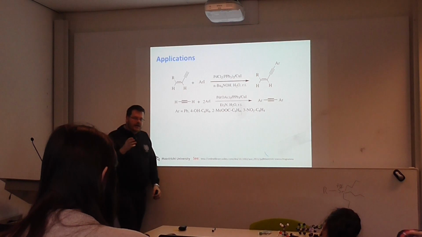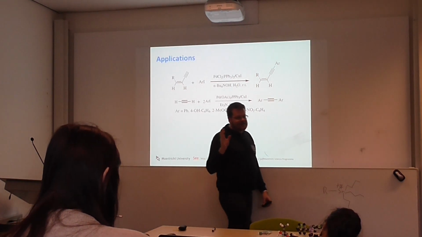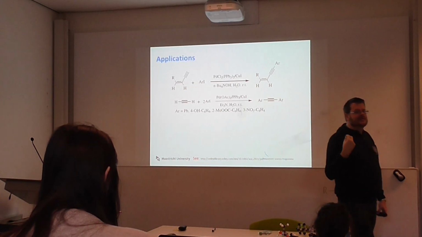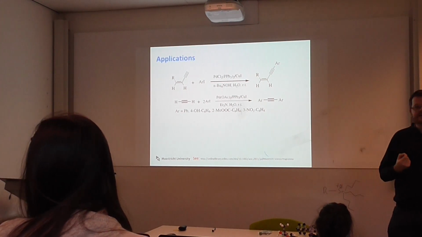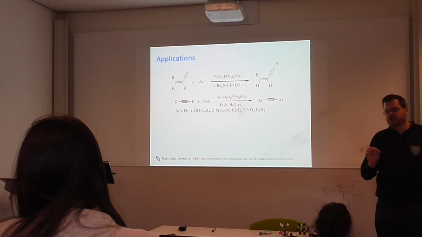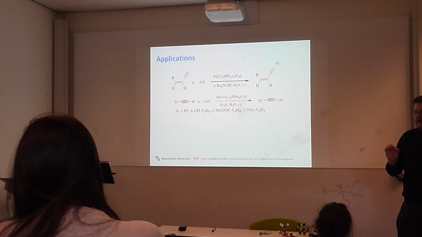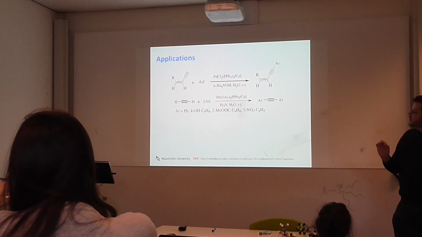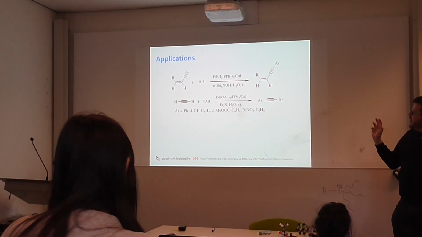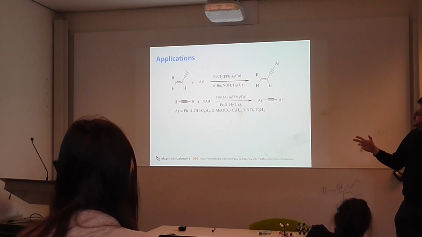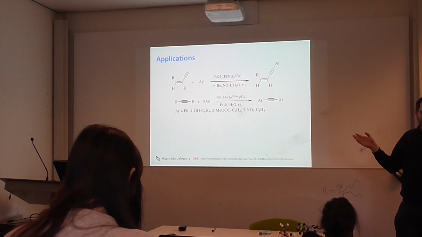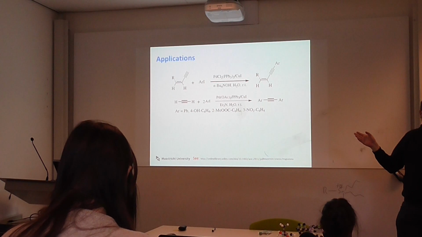And again, this is not trivial, right? To do these sorts of reactions with classical organic chemistry is quite difficult. I mean, I don't actually know of a reaction where you can couple, because I'm not an organic chemist, but I don't know of a reaction where you can actually couple an alkyne and an aryl group in one synthetic step, right?